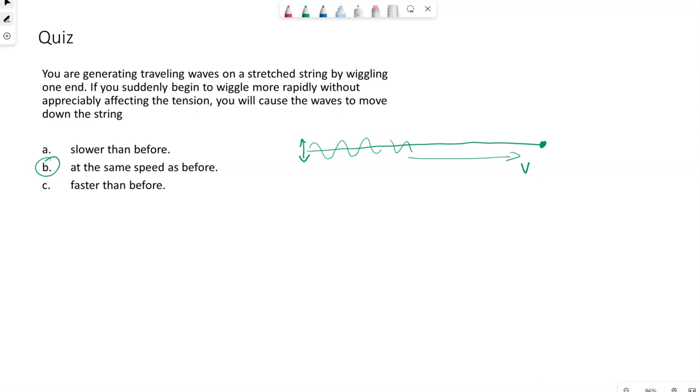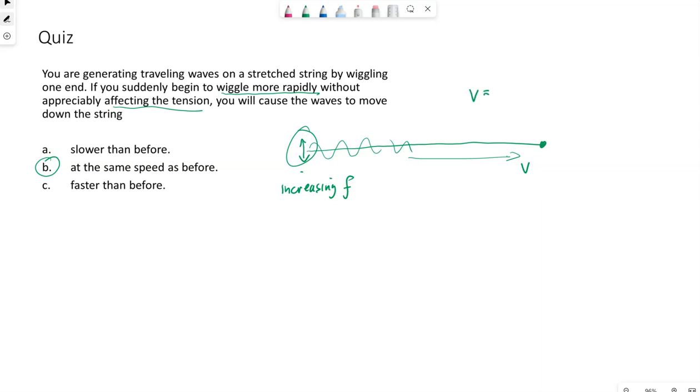It says as we wiggle more rapidly, so we're increasing the frequency, how fast we're shaking this string up and down or side to side, but we're not affecting the tension in any significant way.